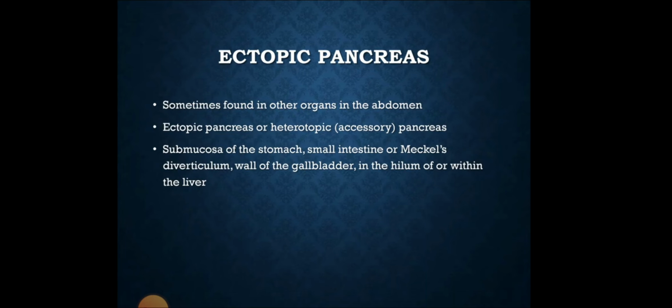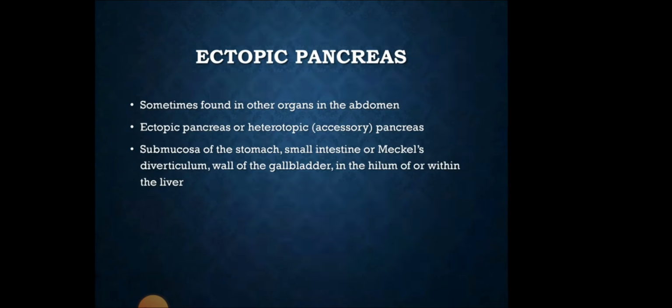Ectopic pancreas is most commonly found in the submucosa of the stomach, the small intestine, or Meckel's diverticulum. It is also detected in the wall of the gallbladder, in the hilum of the liver, or within the liver. This condition usually does not produce any symptoms.